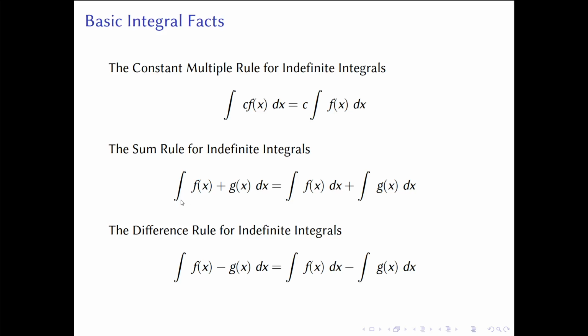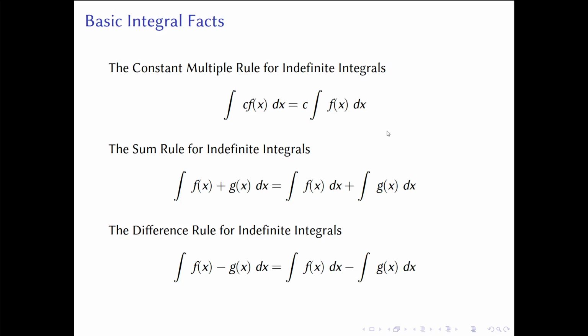That says if I want to find the antiderivative of a function that is built by adding two other functions together, all I have to do is take the indefinite integral of each piece and add them together. And same thing for the difference, right? This function is made by subtracting two other functions. This rule says if I want to find the indefinite integral of that, then all I need to do is take the indefinite integral of each piece and then subtract the results.